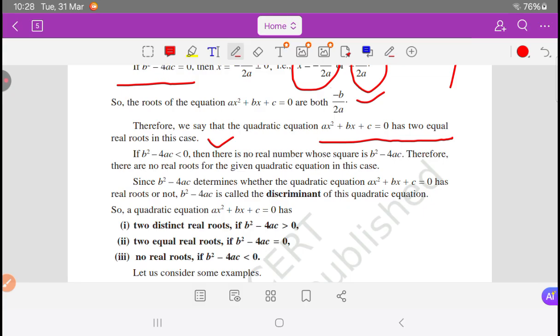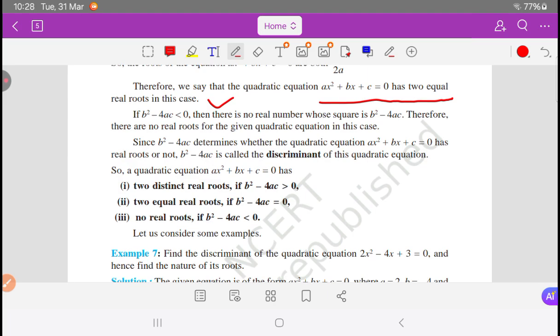Therefore, there are no real roots for the given quadratic equation. And b square minus 4ac is called the discriminant.